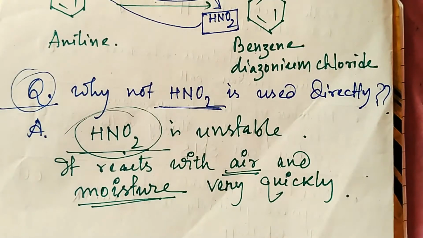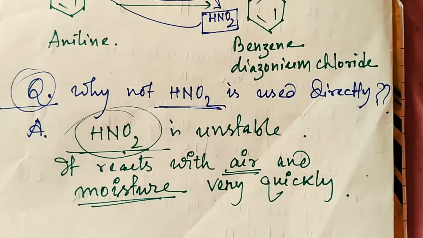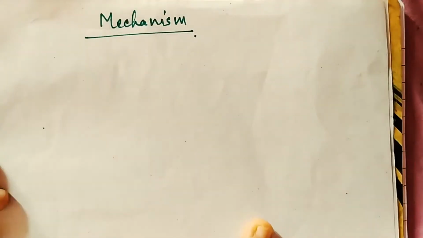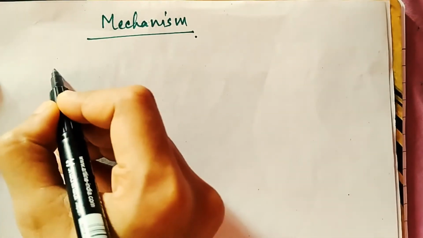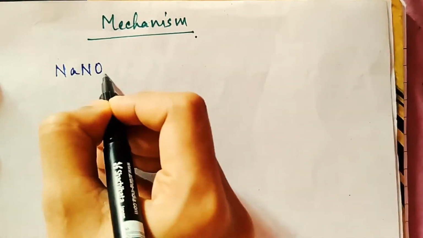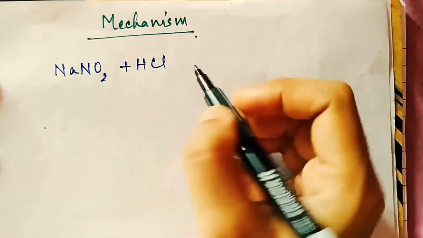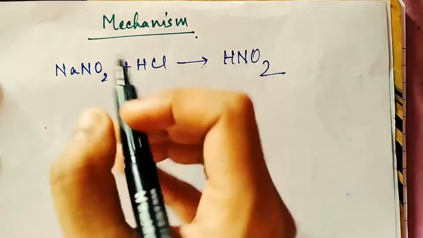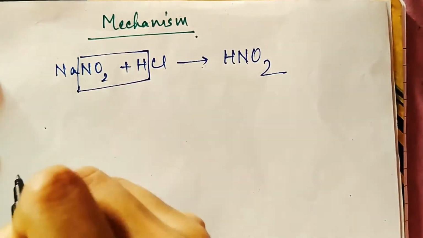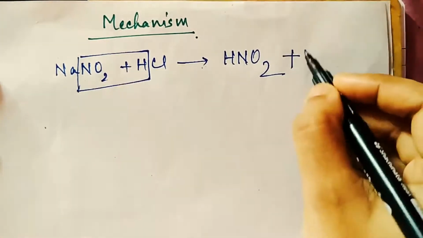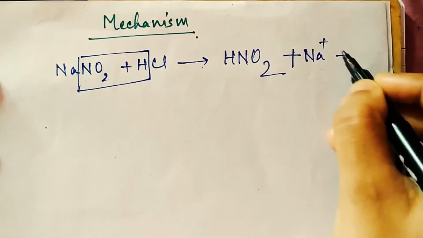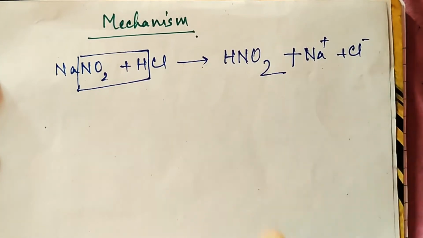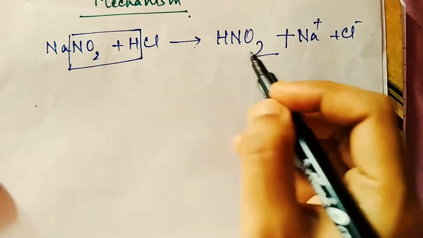Now move to the mechanism of the formation of diazonium chloride. First, take the reagent part, that is NaNO2 and HCl. They both react with each other and form HNO2, plus sodium ion and chloride ion.